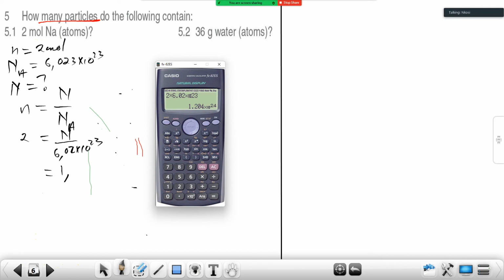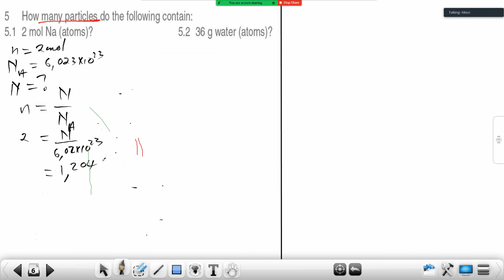So this is now the number of atoms: 1.204 multiplied by 10 to the power 24 atoms. That is very, very important. So this is just N for sodium.